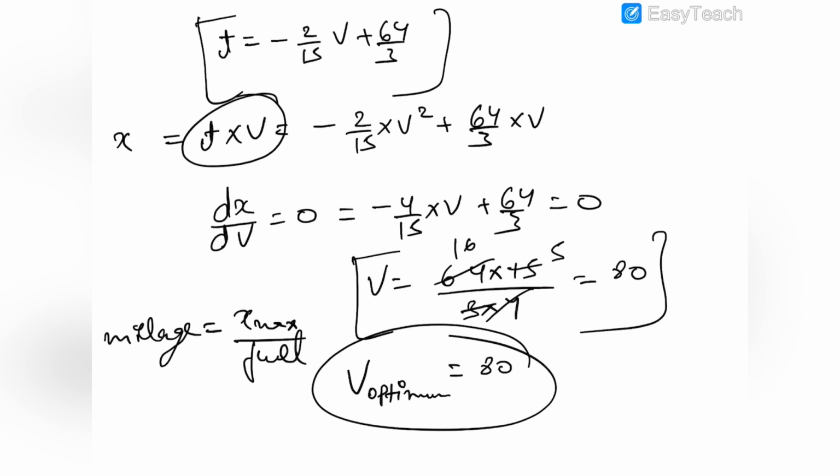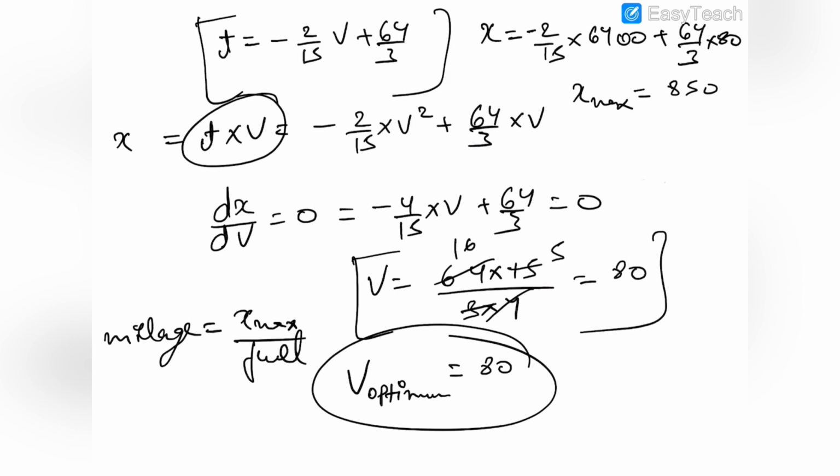Okay, so the value of x can be calculated by this equation. So x will be equal to minus 2 by 15 into 80 square, 80 square will be 6400, plus 64 by 3 into 80. So this x max would be approximately 850.